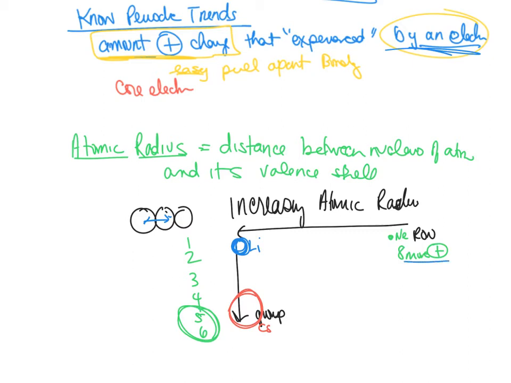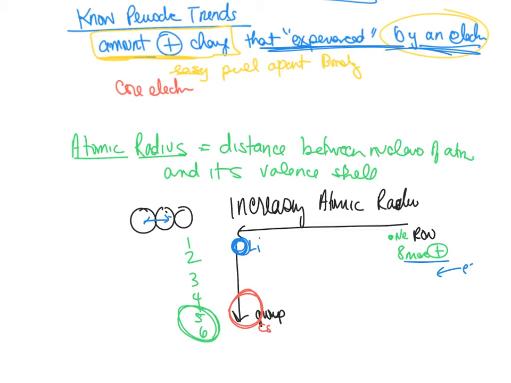If it has 8 more protons, these protons will attract the outer shell electrons closer to it, so they tighten it up. So the effective charge is what the outer shell electron experiences, that positive charge.